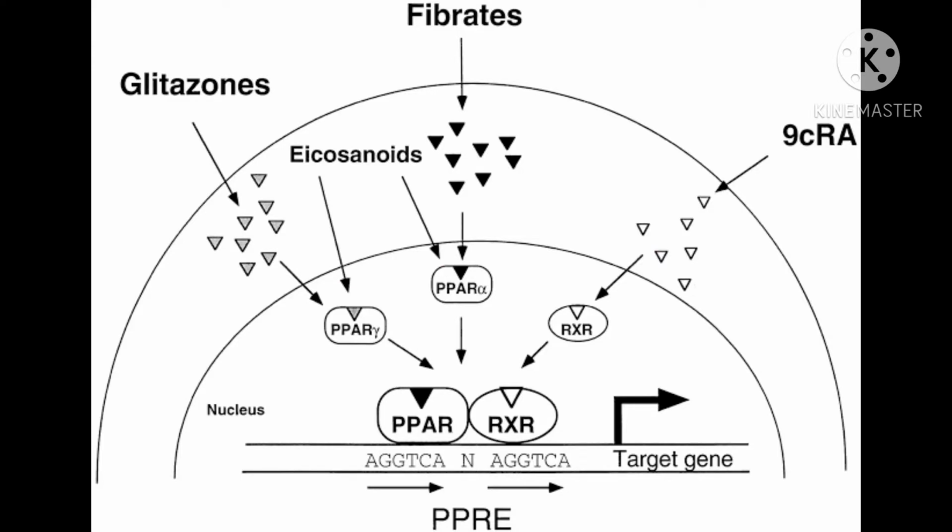In the mechanism of action of fibrates, fibrates stimulate cellular fatty acid uptake and conversion to acyl-CoA derivatives and catabolism by the beta-oxidation pathways, which is combined with a reduction in fatty acid and triglyceride synthesis. As a result, there is a decrease in VLDL production.